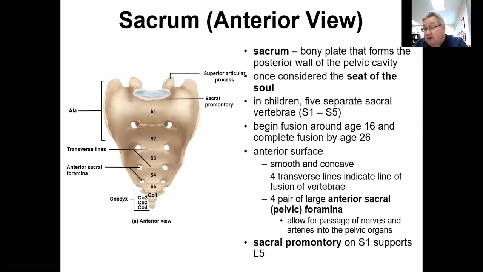The quadratus lumborum, remember, that's the hip hiker muscle, has its insertion onto the transverse process. And finally, in the neck, we have those scalenes, those three little muscles. They too come from the transverse processes.